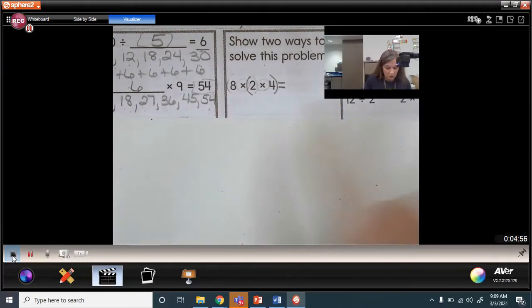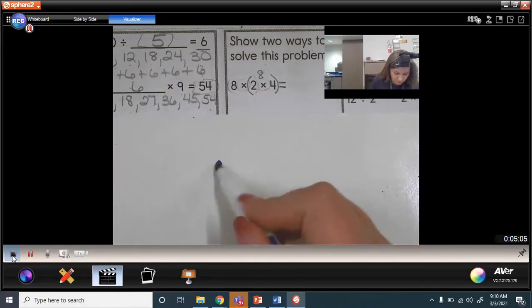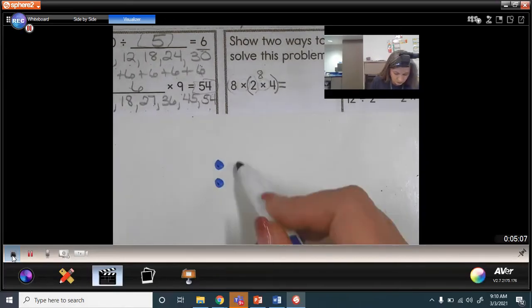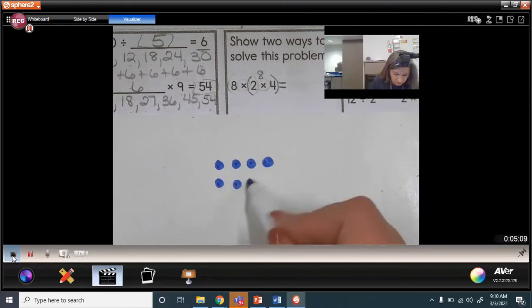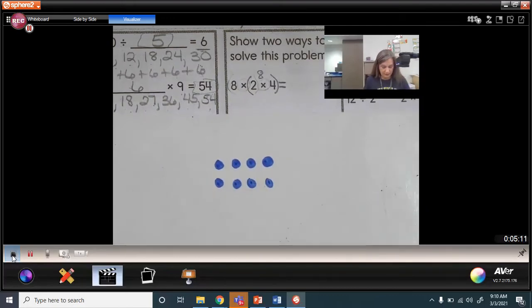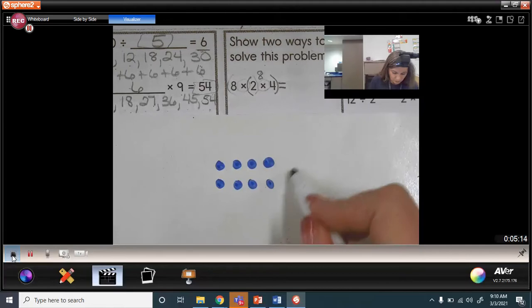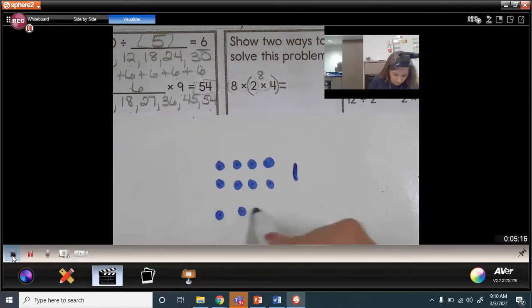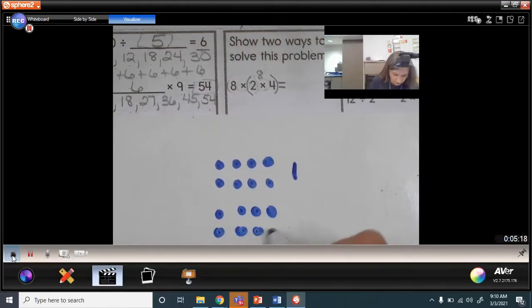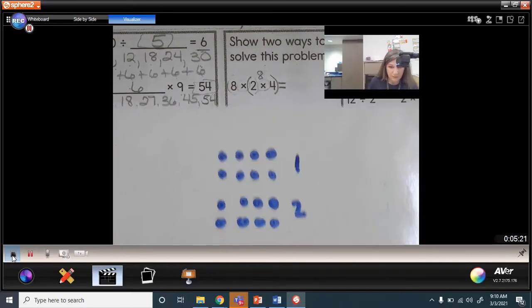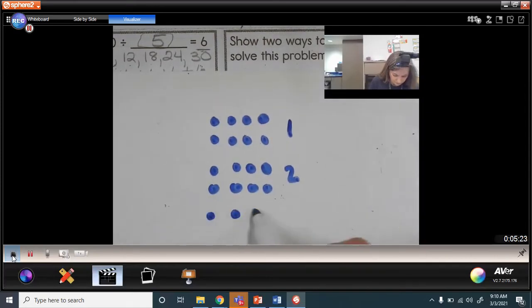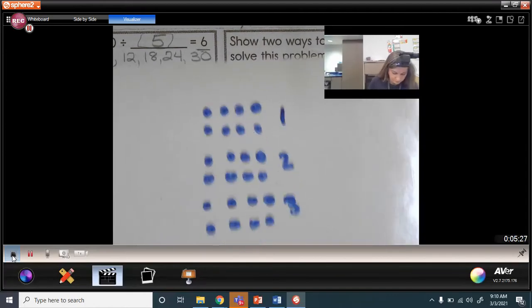So 2 times 4 is 8. So two groups of four, two rows with 4 in each row. So that's once, one time. Two times. Three times.